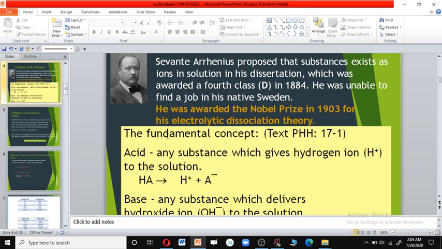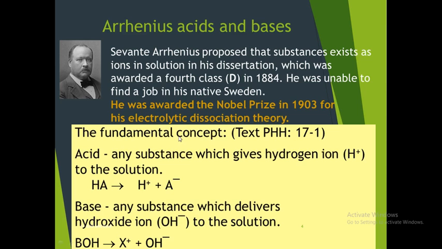This Arrhenius concept of acid and base was proposed in 1884 by Arrhenius. According to this concept, an acid is any substance which gives a proton.